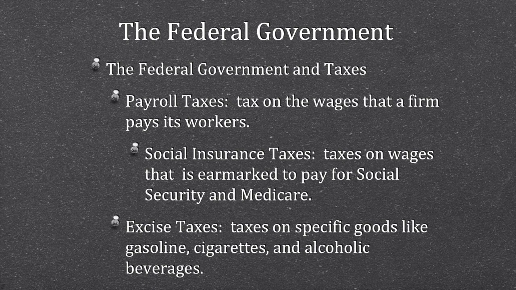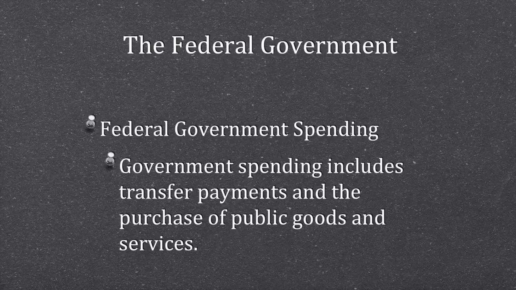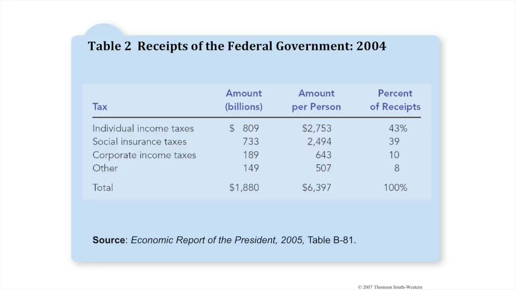So, for example, Social Security is funded using the payroll tax. Medicare and Medicaid are funded using the payroll tax. There's also an excise tax, which is a tax on the sale of specific goods: gasoline, cigarettes, alcoholic beverages, things of that nature. So about 43% of all taxes are collected from individual income tax, with an additional 40% collected from the social insurance tax.